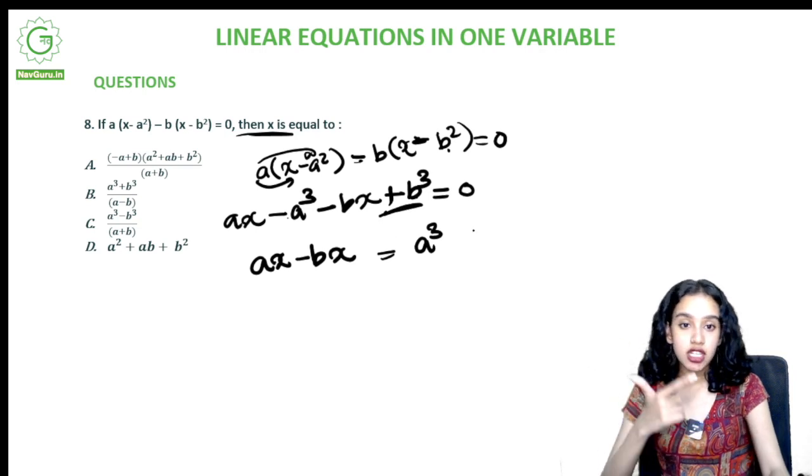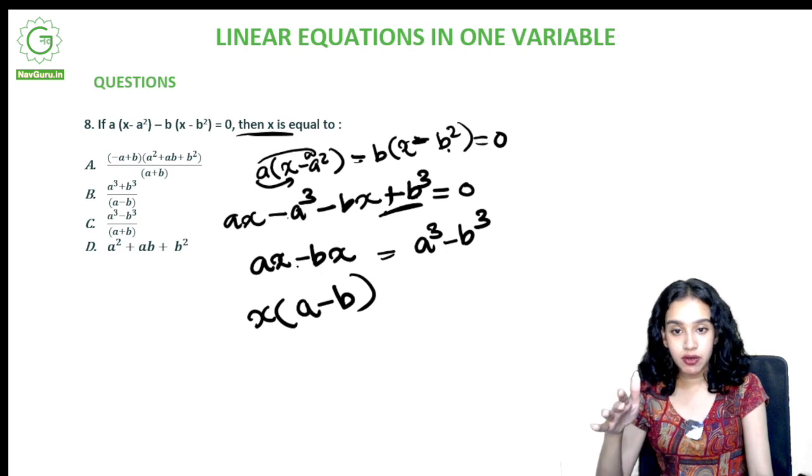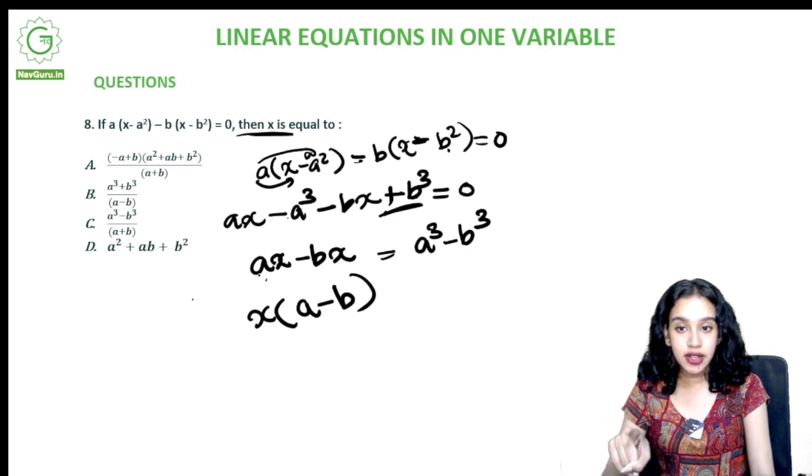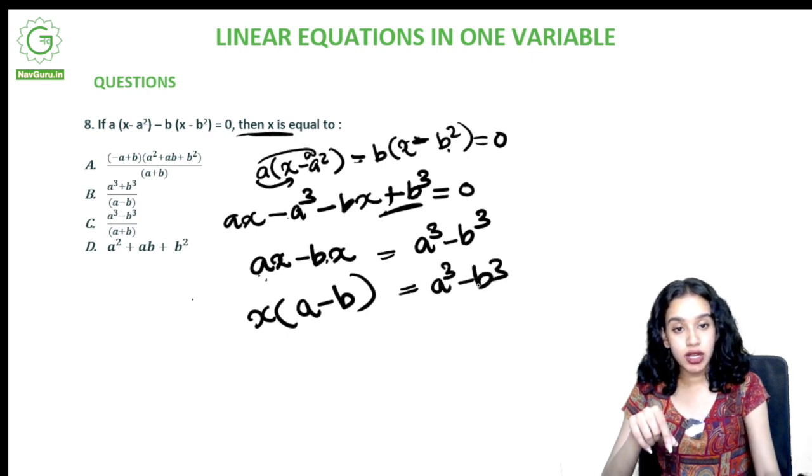When I'm taking it to the other side, it becomes minus b cube. Now we are taking x as common here. We'll get x into a minus b, because I'm taking this x out and we have a minus b remaining there. So x into a minus b is equal to a cube minus b cube.